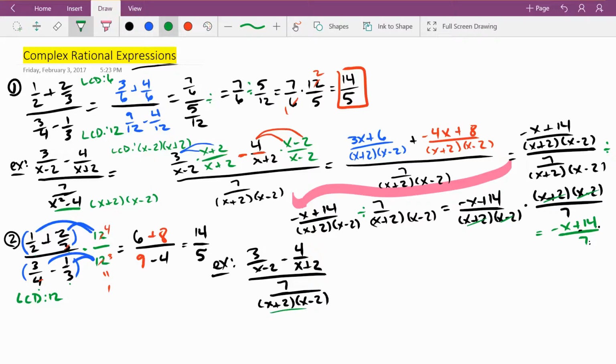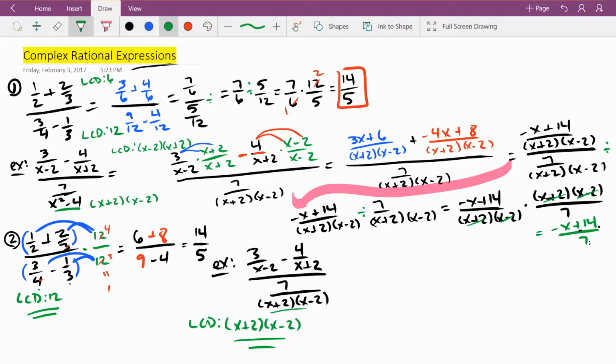So same problem. We're looking for the LCD of everything, just like over here. We have an x plus 2, an x plus 2, an x minus 2, x minus 2. So it is x plus 2, x minus 2.